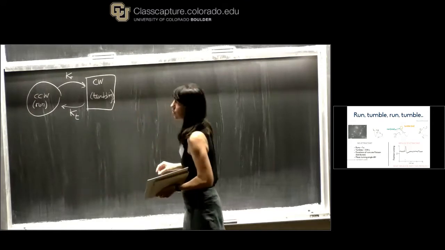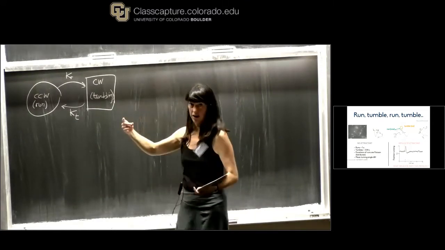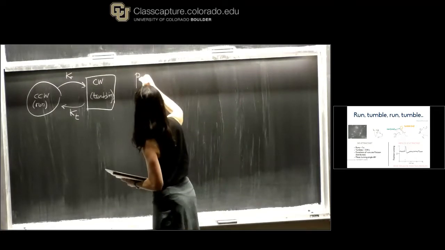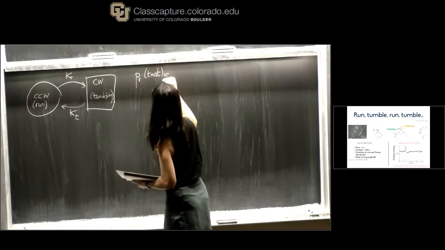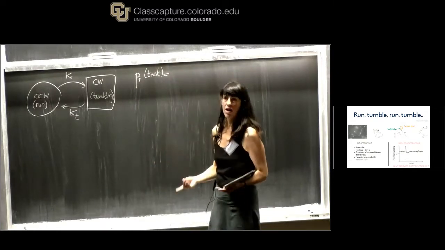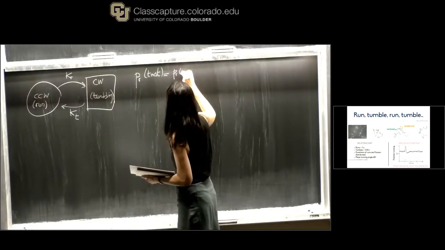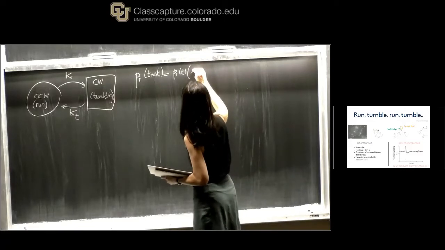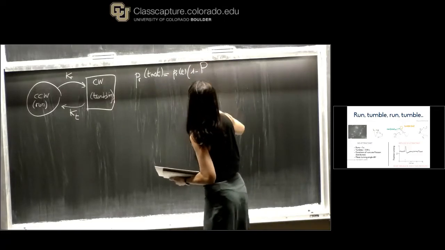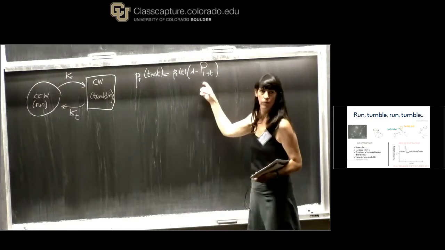Okay, so the probability that the bacteria is gonna be running at the next time step, P_R of t plus delta t, comes from two contributions. Either you were already running at time t, but in that case you don't want to transition, so it's 1 minus the transition rate from run to tumble.